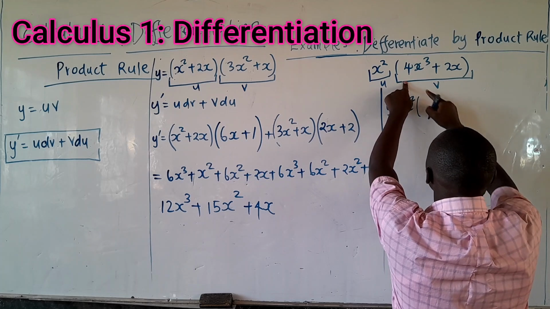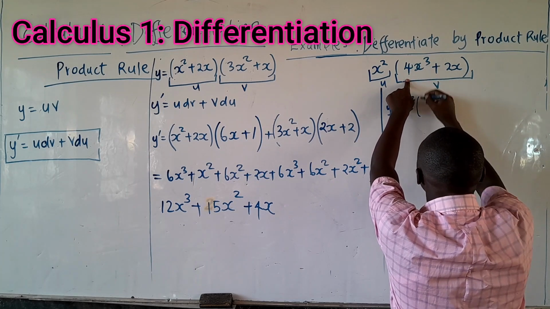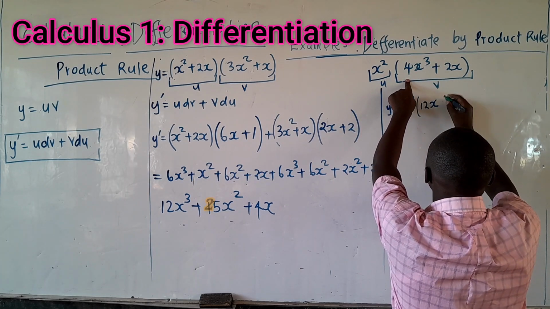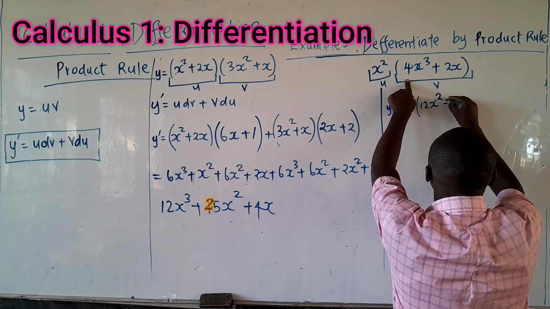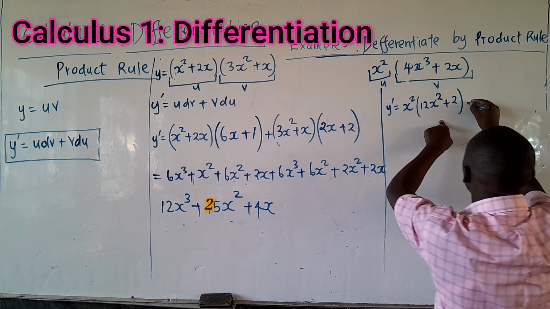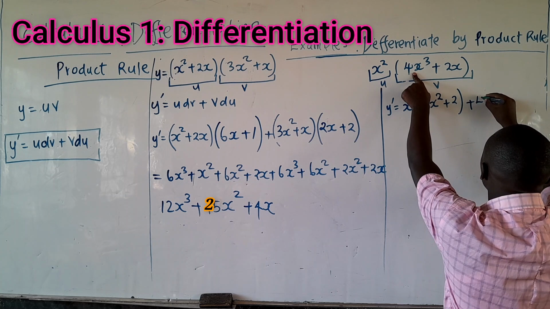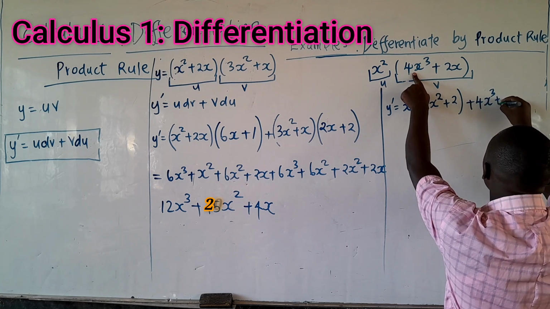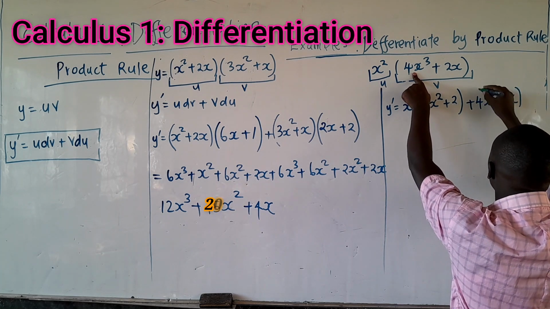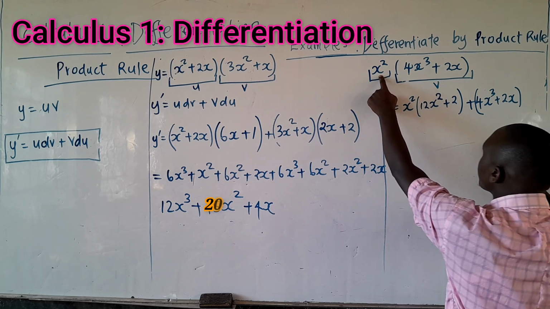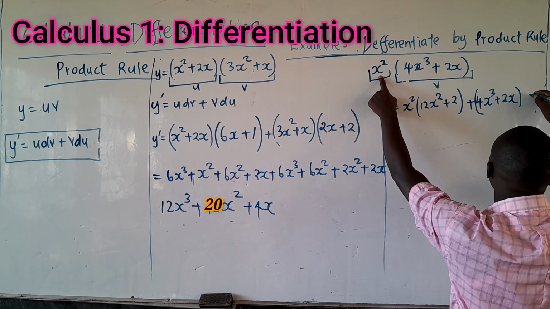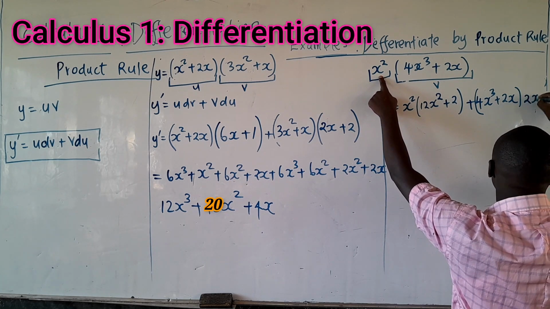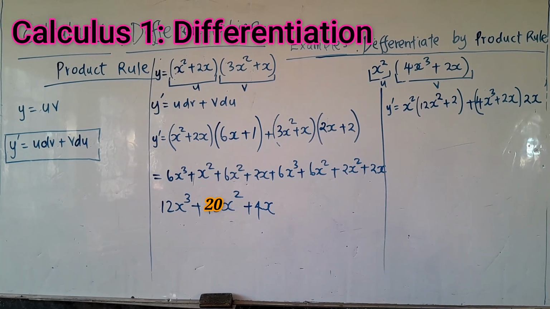The derivative of the second function is 12x raised to 2 plus 2, and then plus the second function, which is 4x cubed plus 2x, multiplied by the derivative of the first function, which is 2x. And that becomes the derivative.